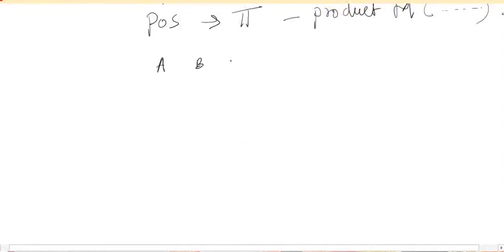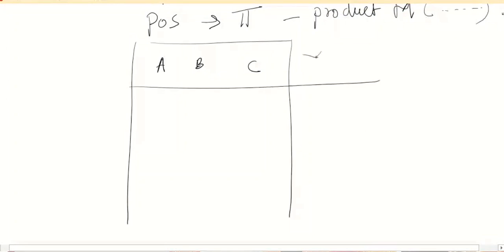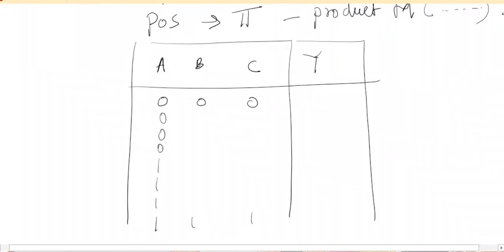So this is how it is given. A, B, C. The truth table is given like this. Okay. And the output is represented with the help of Y. So the inputs are A, B, C and the output is Y. So for three input variables, the possible combination values are 0, 0, 0, 0, 0, 1, 0, 1, 0, 0, 1, 1, 1, 0, 0, 1, 0, 1, 1, 1, 0, 1, 1, 1.